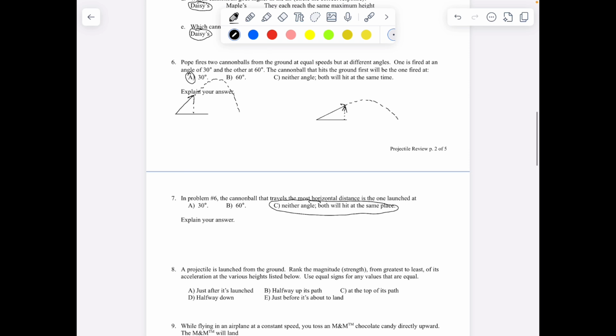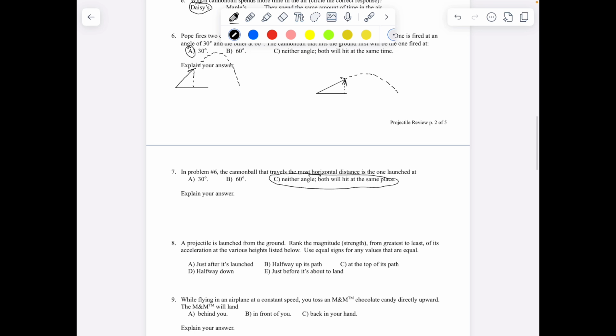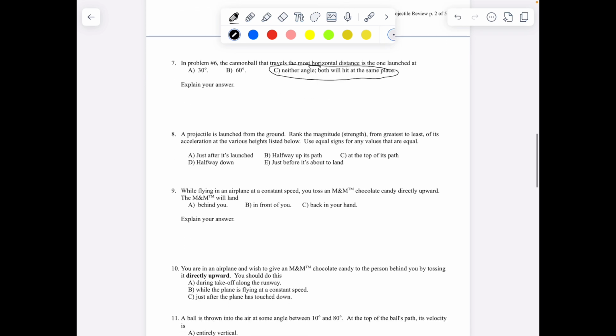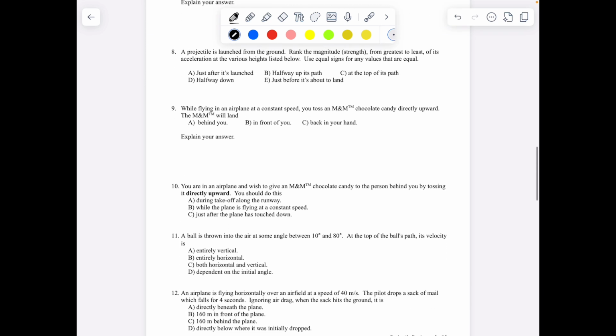The one launched at 60 spends more time in the air, but it's not going as fast horizontally. The one launched at 30 degrees doesn't spend as much time in the air, but to compensate, it's going faster horizontally. So in the end, they travel the same distance. For explaining the answer, it's essentially what I just said, so I don't think I need to write that down.